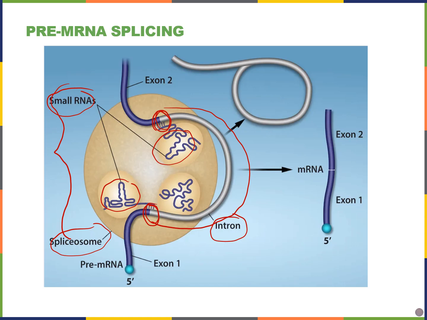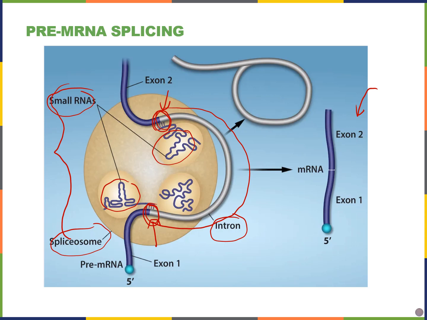If we have mutations in the DNA, which will lead to mutations in the messenger RNA, that could lead to splicing errors. So if these recognition sequences for the spliceosome were lost, then we might not be able to cut out the intron, and that could lead to a protein that ultimately becomes non-functional.